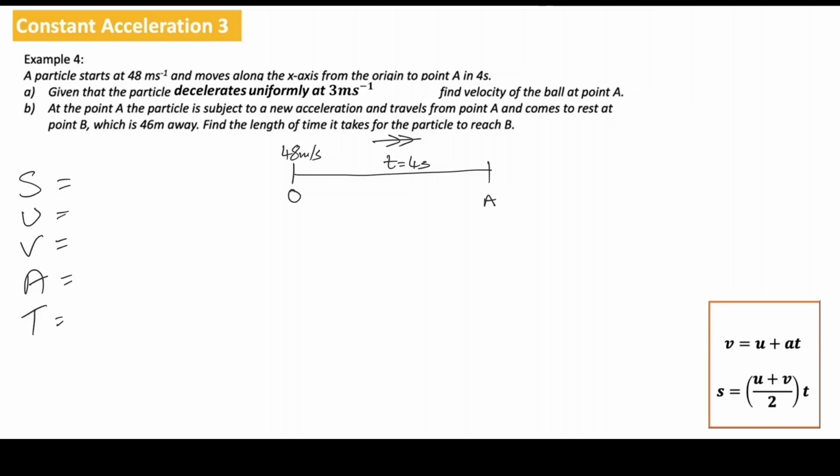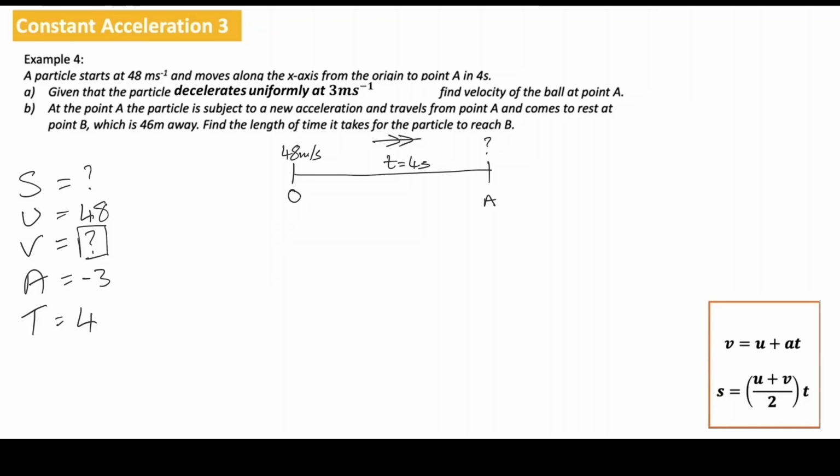Find the velocity of the ball at point A. All right, so small journey segment here. We have an unknown final velocity. That's what we're looking for. Let's collect our SUVAT variables. We have no information about the displacement. The initial velocity is 48. The final velocity we're looking for, acceleration of -3 and a time frame of 4 seconds.